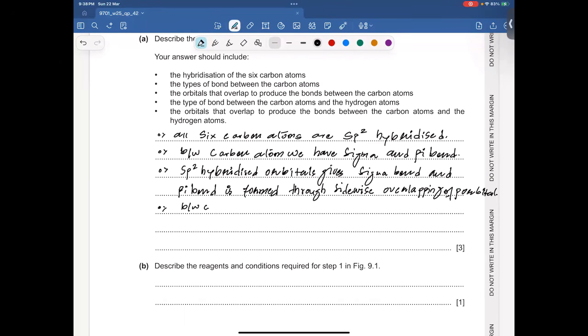Now the next is the type of bond between carbon atom and the hydrogen atom. Between carbon and hydrogen, we have sigma bond.